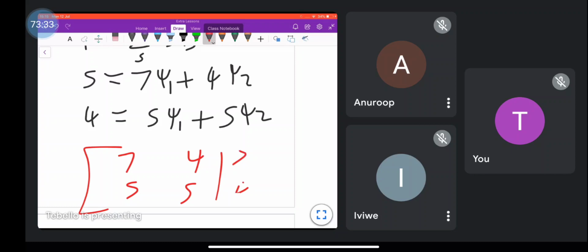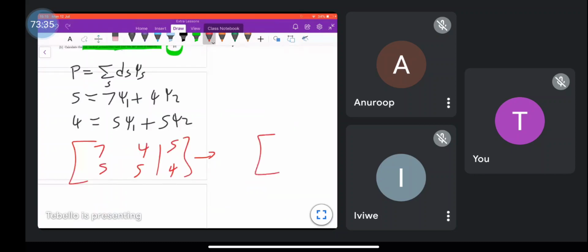R2 is going to be minus 5 over 7 R1. 7, 4, 5. 5 minus 5 over 7 times 7 gives 0. 4, 15 over 7.